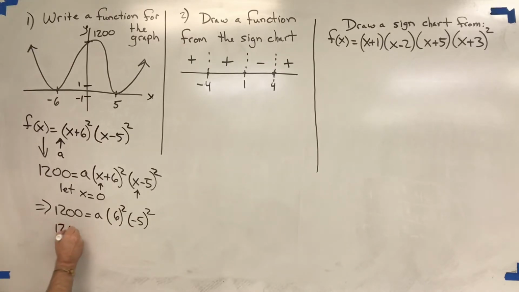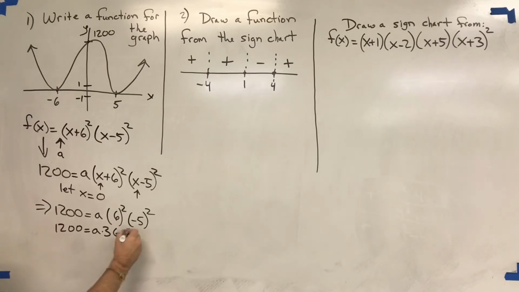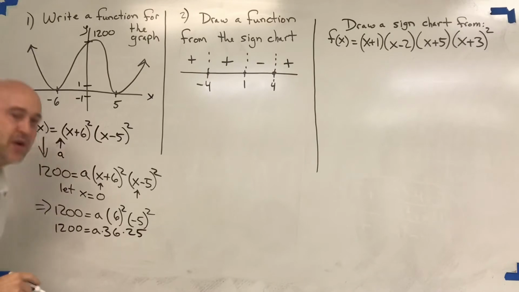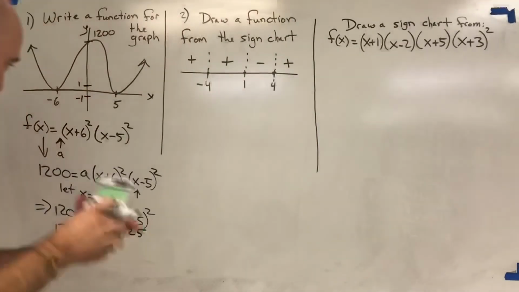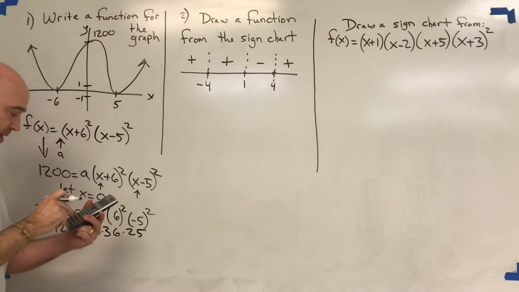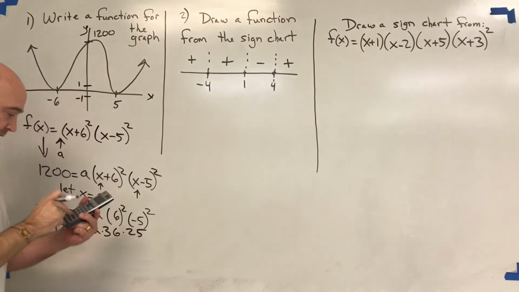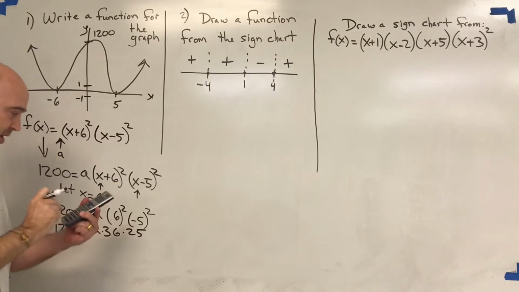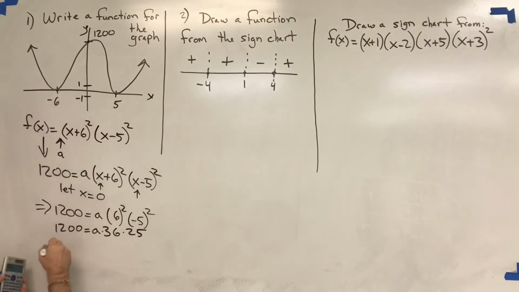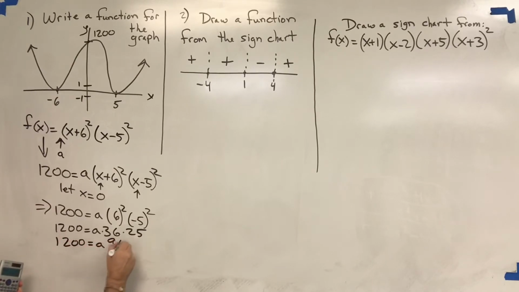We got 1200 equals a, 6 squared is 36 times, and -5 times -5 is +25. And let's go ahead and see what 36 times 25 is. 36 times 25, I think it's 900. It is 900.